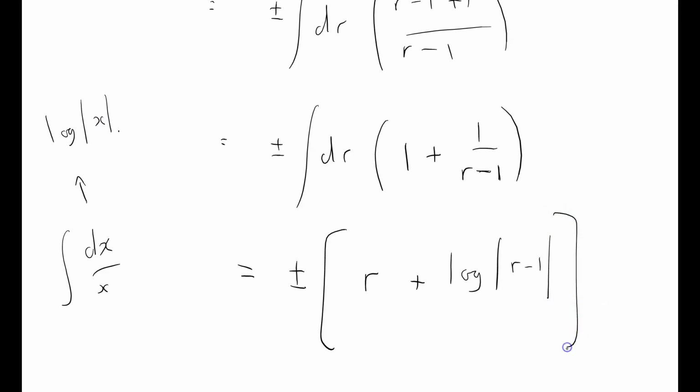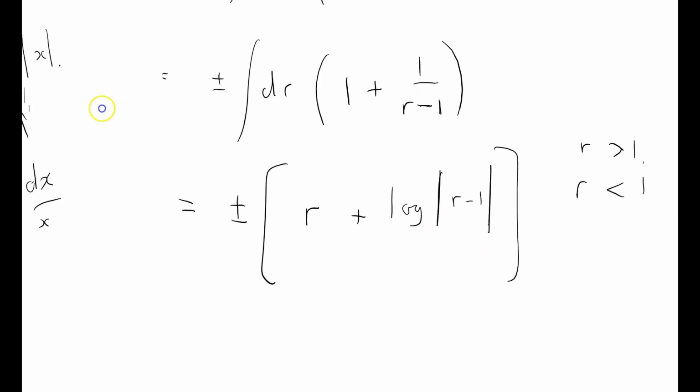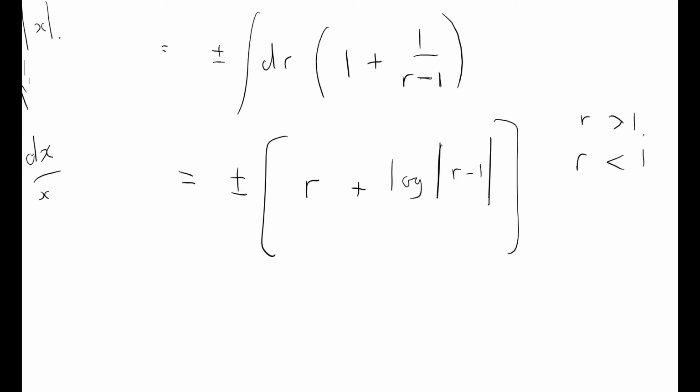So you'll see that just by using this formula here, this nice formula works for r less than 1 or r greater than 1 equally, because of this modulus sign here. Something quite astonishing, that.